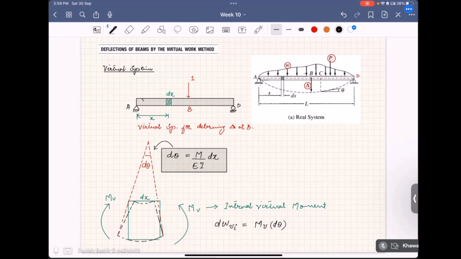So this dWi, the small virtual internal work, will be given as Mv times M by EI times dx.